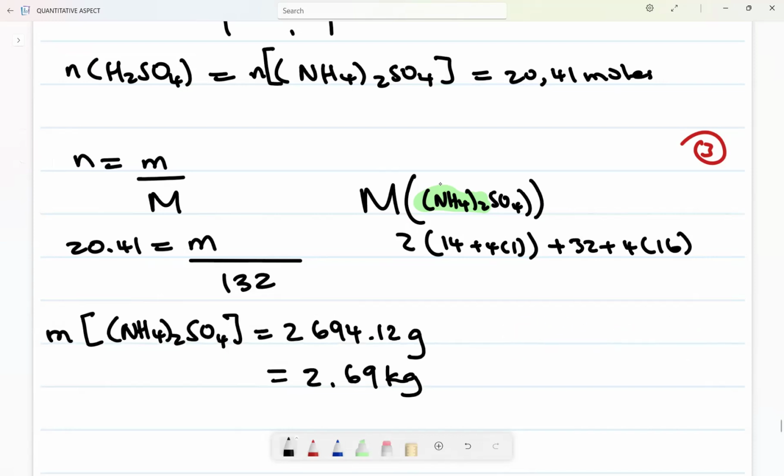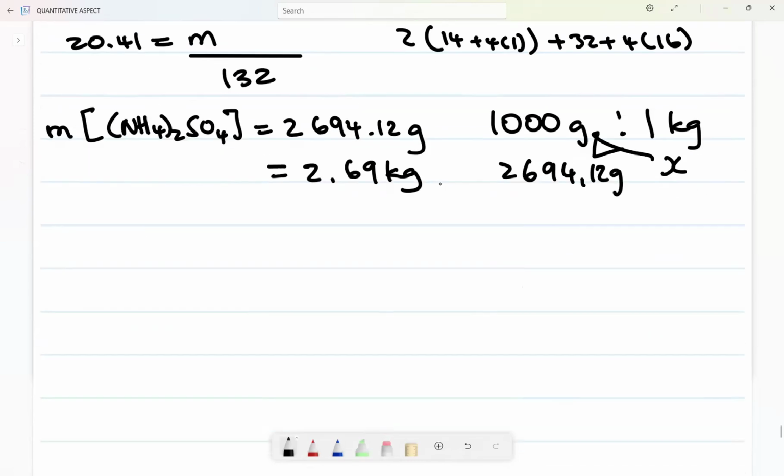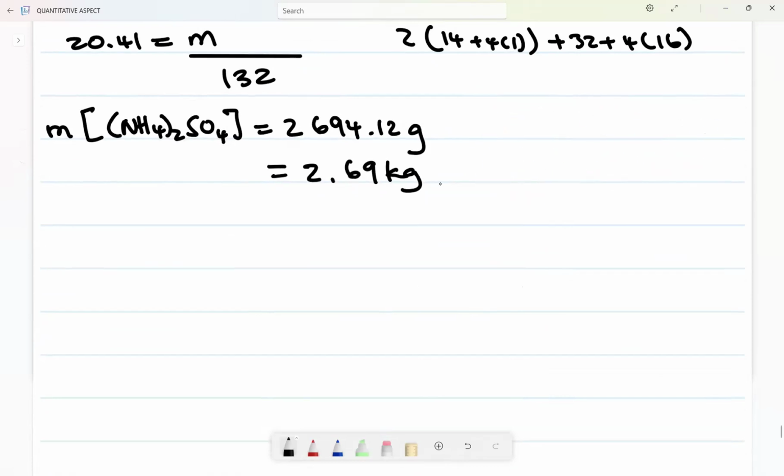So if you use that, with 2,694.12 grams and you want to see what X is, you'll do your mathematics and see that X is 2.69412, but I've rounded off. Let's leave it in grams. If they want it in kilograms, we just divide by 1,000.